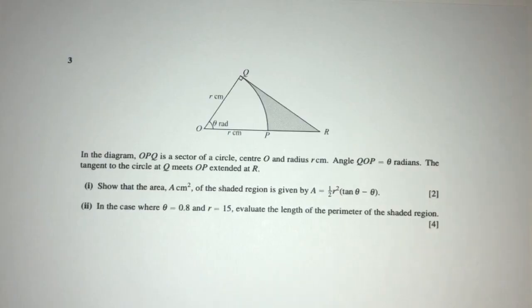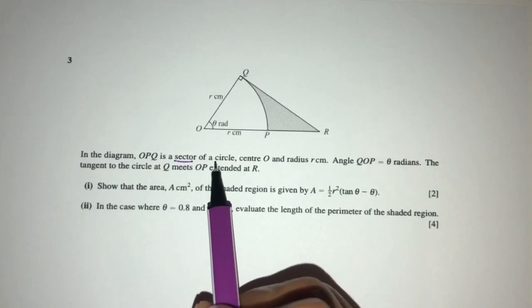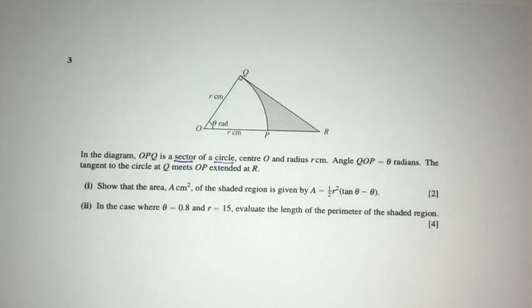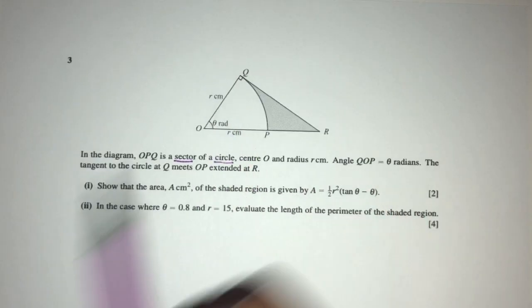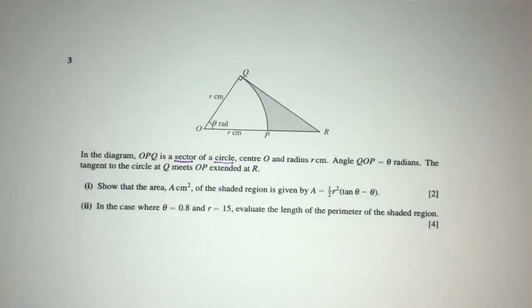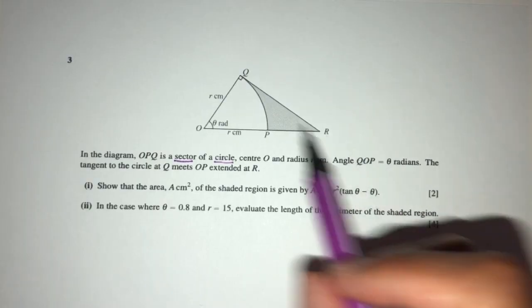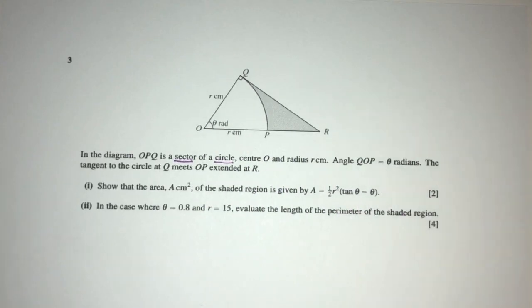Now in this question, in the diagram, OPQ is a sector of a circle. So we have O, P and Q. Okay. Now, the radius is given to you by R. So here we know the radius of this sector is R centimeters. Now, angle QOP is theta radians.